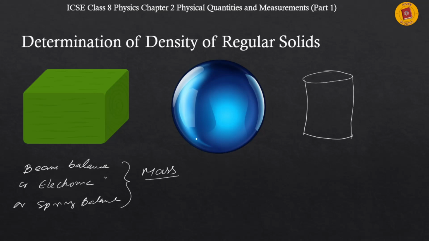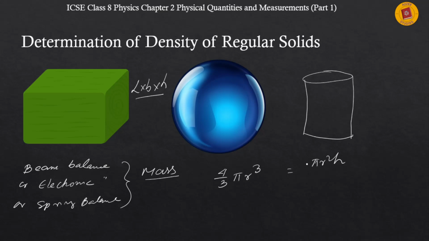Now we can find the volume easily for regular solids. In this case, the volume is length into breadth into height. For the sphere, the volume is 4 by 3 into pi r cube. For the cylinder, the volume is pi r square into h.